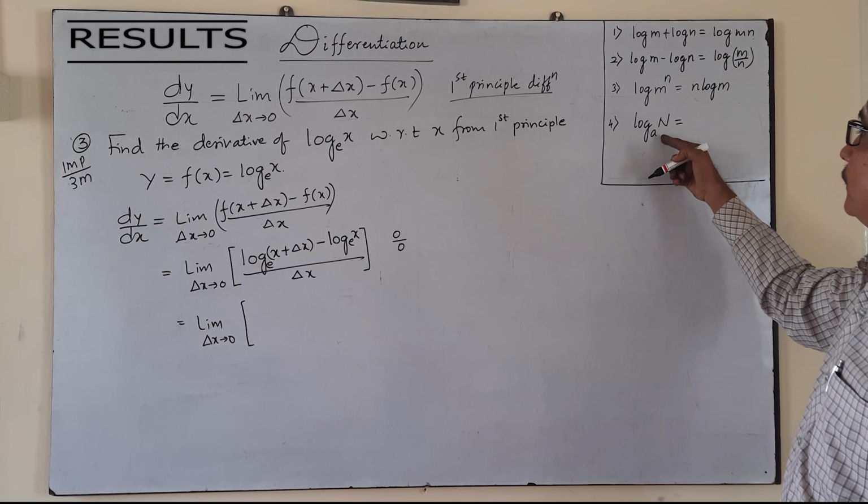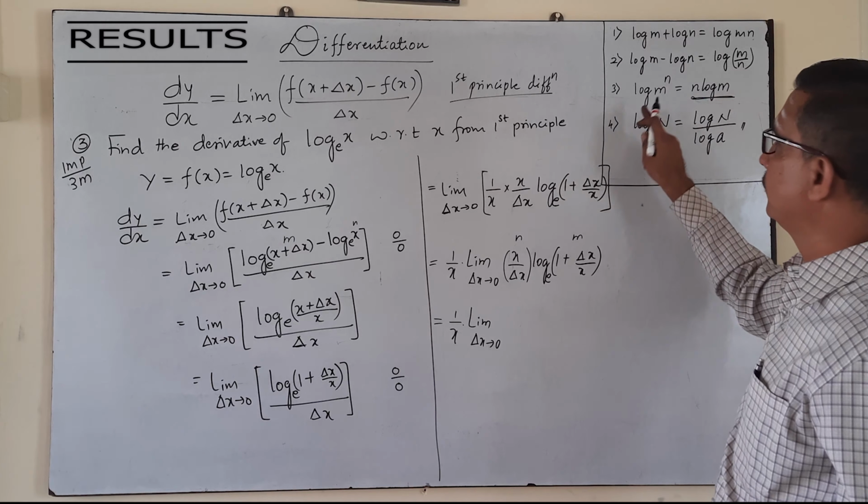Okay, then further simplify: 1 by x into limit delta x tends to 0. Now put x by delta x equal to, say, n. Put 1 plus delta x divided by x, that value, call it m. Then it is in the form n log m. n log m formula, what?